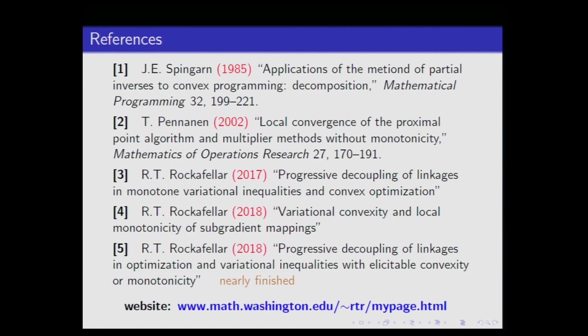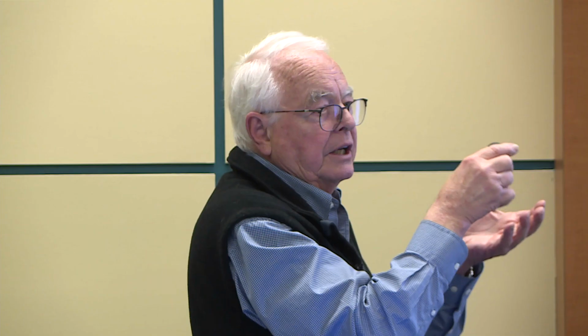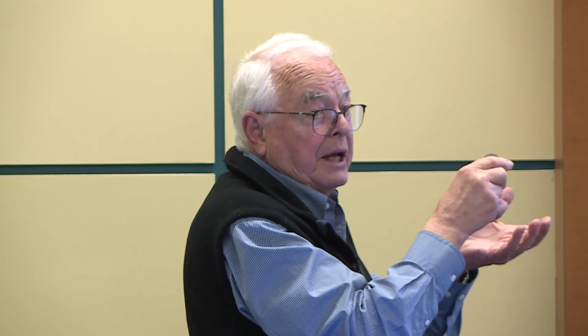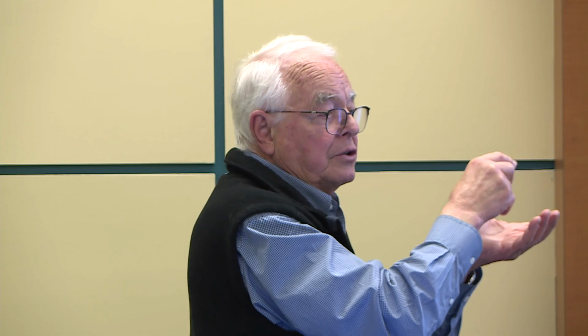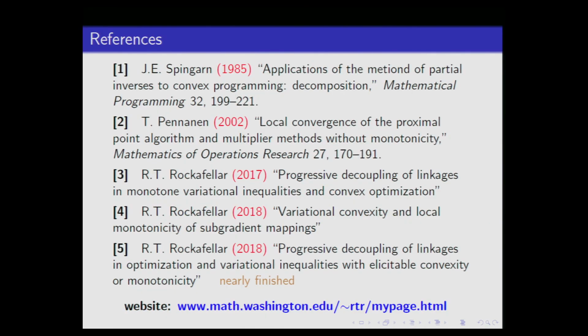And then this was the hard thing I just finished a little while ago, this stuff about showing how a property called variational convexity, which is close to that thing I explained in the optimality condition, where you have a convex function that can do everything as well as the given function, corresponded to local monotonicity of the subgradient mapping. And then I'm almost done with writing up this, which includes the subject I talked about today.